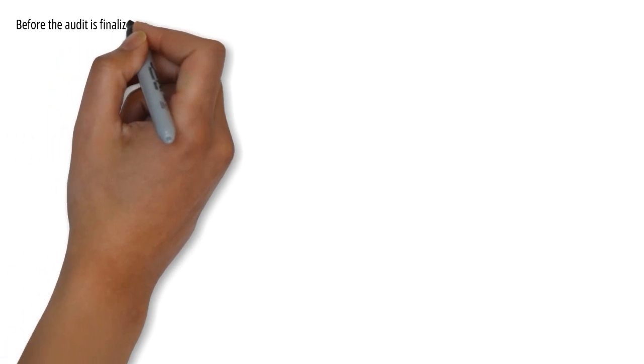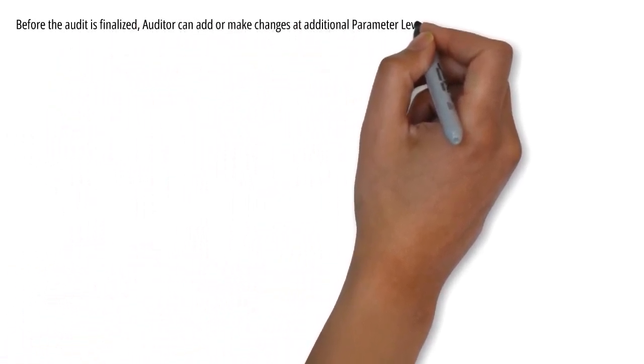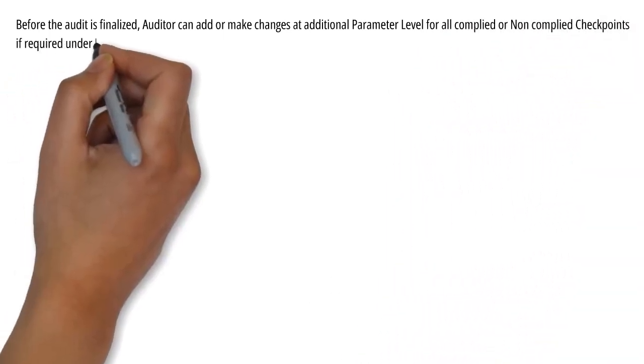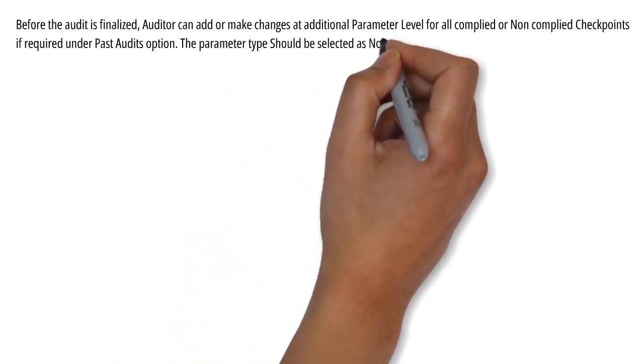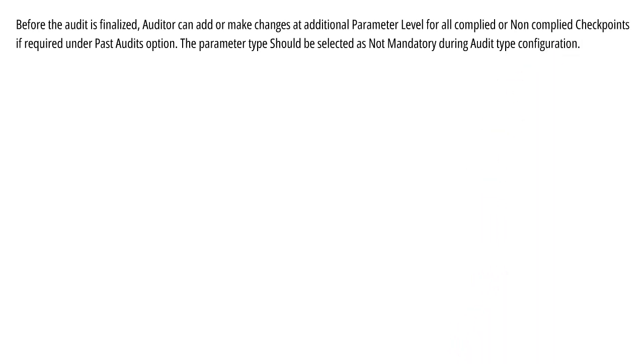Before the audit is finalized, the auditor can add or make changes at additional parameter level for all complied or non-complied checkpoints if required under the Past Audits option. The parameter type should be selected as not mandatory during audit type configuration.